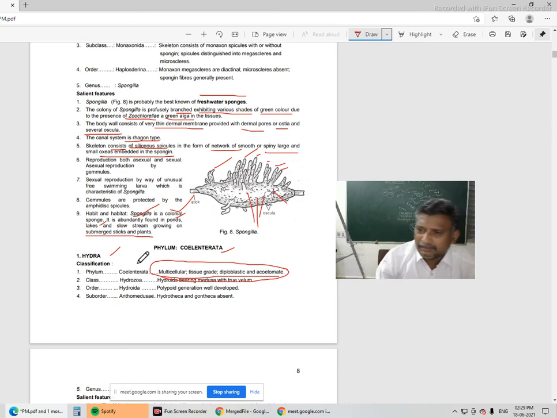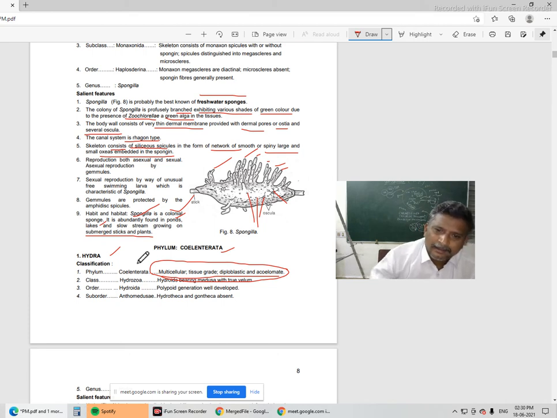When we see, their body wall has two layers: ectoderm and endoderm, but such wording may not be suitable for them. Epidermis and gastrodermis: the outer one is epidermis and the inner one is gastrodermis. So two layers are present in their body wall. Hence it belongs to Radiata or Diploblastica.